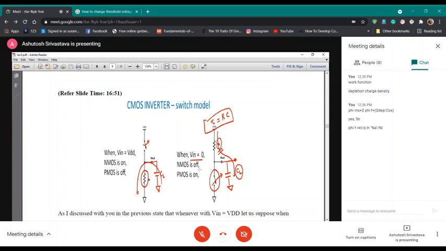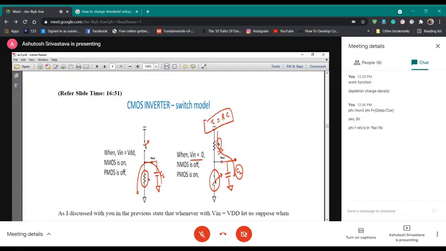In the other case, when your Vin is equal to 0, that is the gate voltage that you're giving to your PMOS and NMOS transistor is at 0, then the PMOS transistor is acting as a resistor to the flow of current from the source of PMOS to the load capacitance CL at the output, while the NMOS transistor acts as a switch.